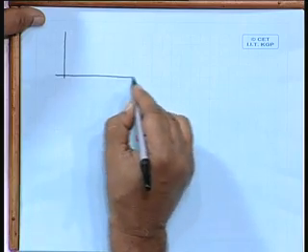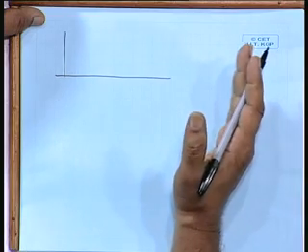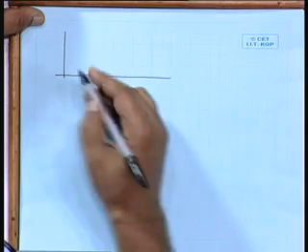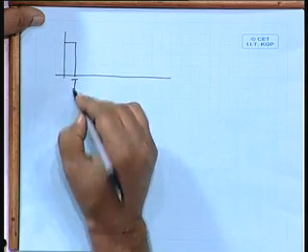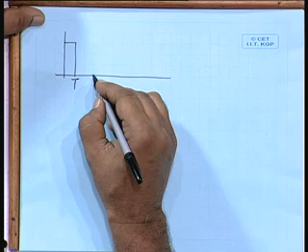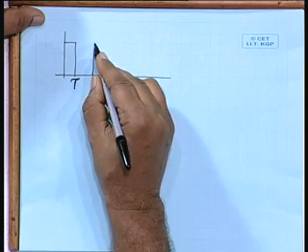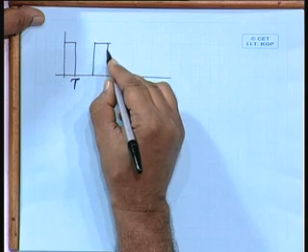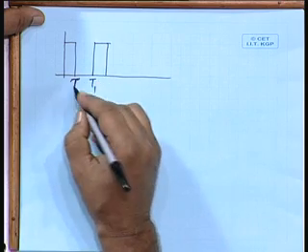Similarly, if I have a pulse train, we are gradually going towards a periodic function, a pulse train of width tau and period t1.